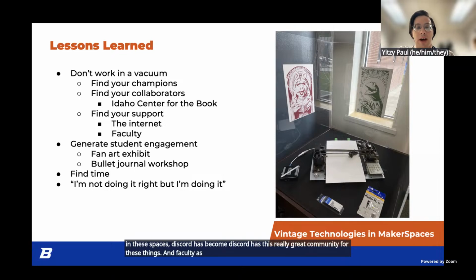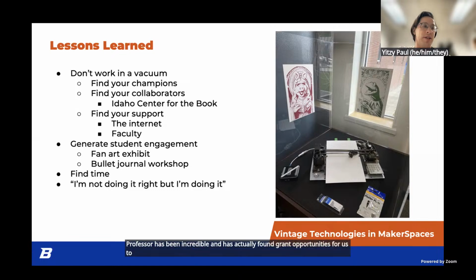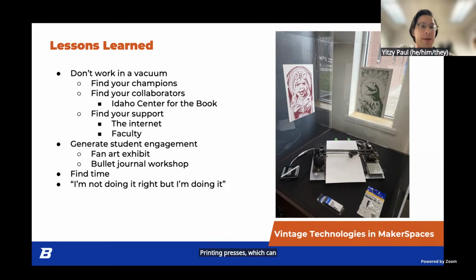Again, that English Lit professor has been incredible and has actually found grant opportunities for us to purchase other printing presses that are being made to this day. One that's very popular is called the Book Beetle, that will allow us to do multiples without having to use the Chandler and Price printing presses, which can be pretty cumbersome to use.